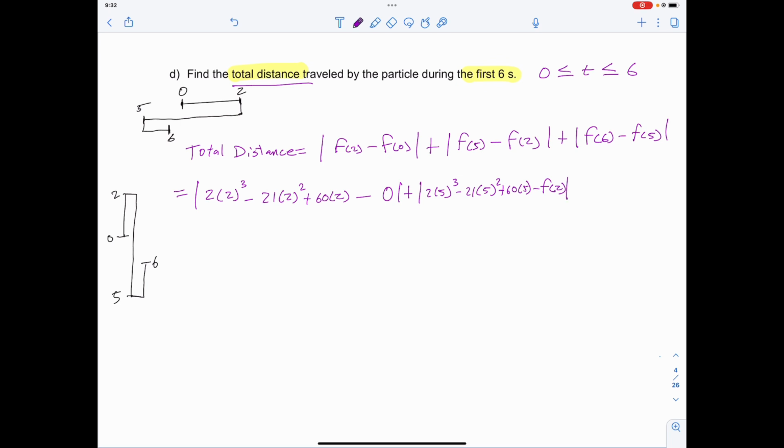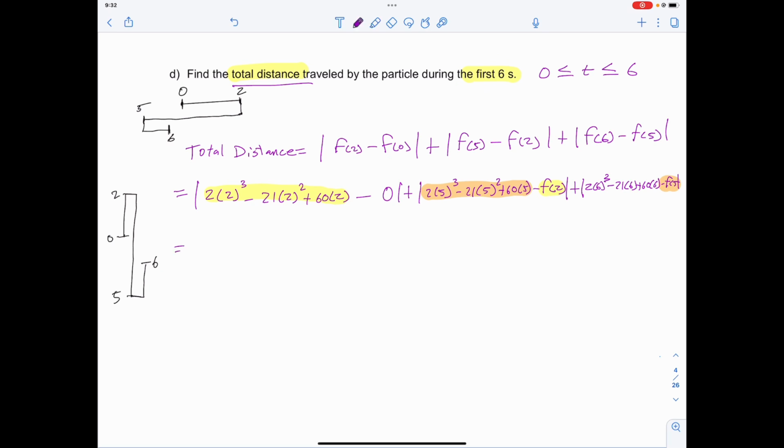And then finally, I think I'm going to run out of space here, I'm going to take 2 times 6 cubed minus 21 times 6 squared plus 60 times 6 minus whatever that f of 5 was. And remember, when you're doing this, you can just put it in once. If this is what f of 2 is, you don't have to write it out twice. You can just state that you're taking away that f of 2 once you've solved it. And then I can do the same thing here, where I'm saying this is f of 5, and then this is f of 5.